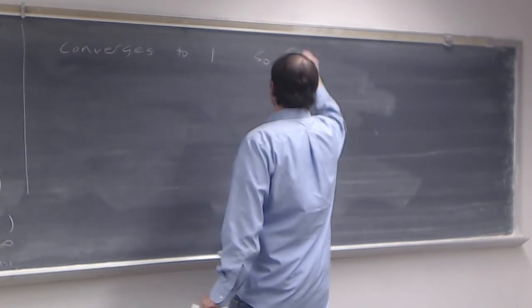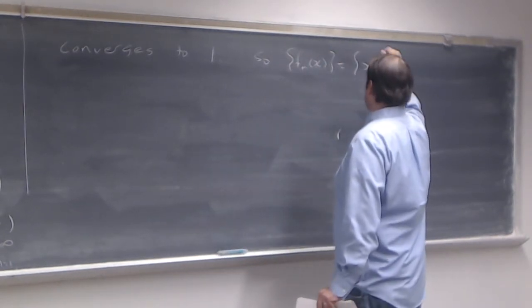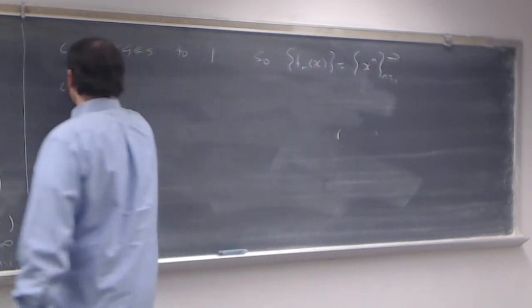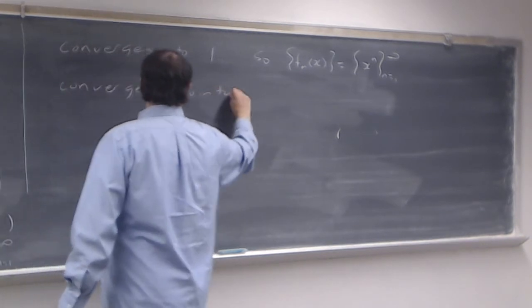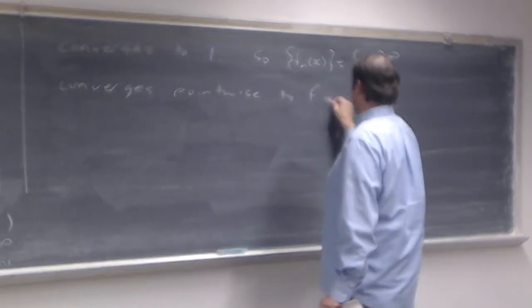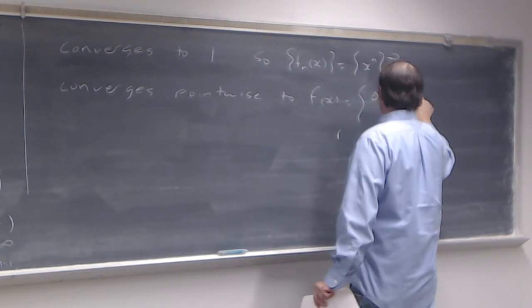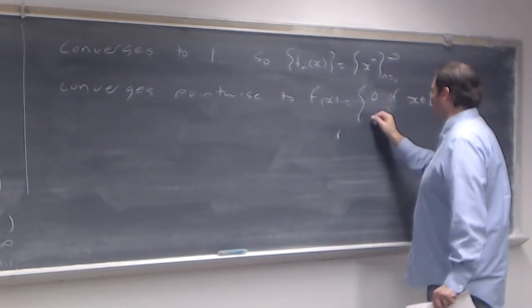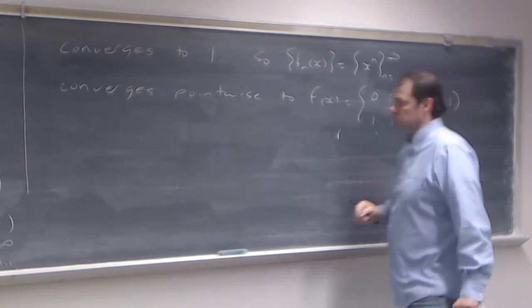So the sequence f sub n of x, which is defined to be x to the n, converges pointwise to this function, I'll call it f of x, which is equal to 0 if x is an element of 0 to 1, not including 1, and equal to 1 if x equals 1.